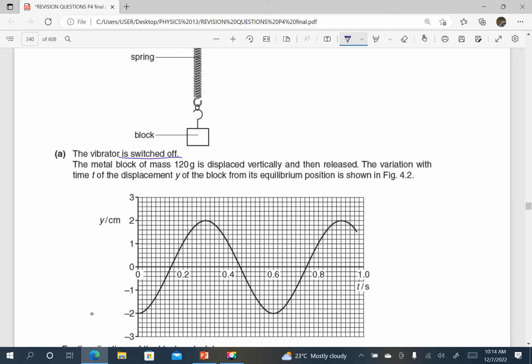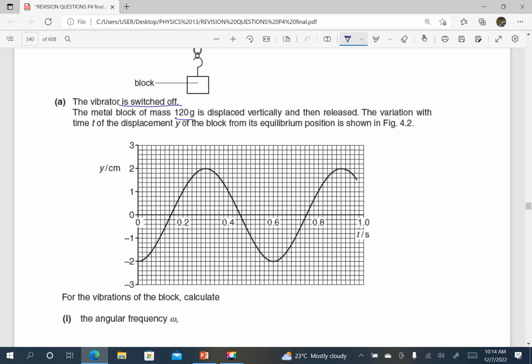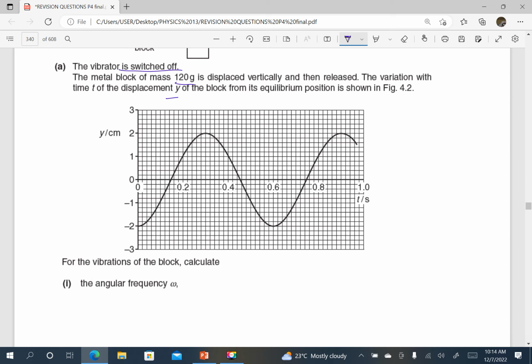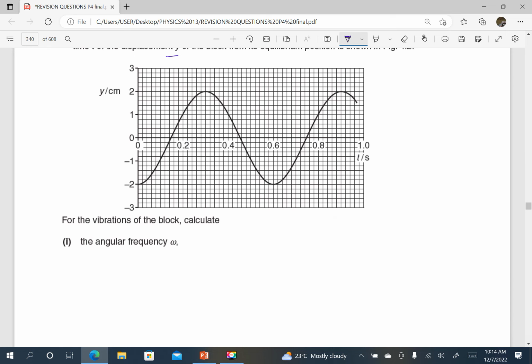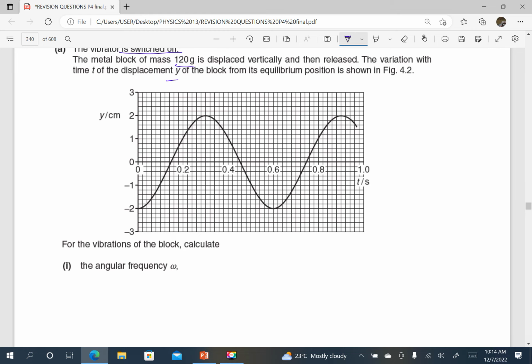The metal block of mass 120 grams is displaced vertically and then released. The variation with time t of the displacement y of the block from its equilibrium is shown here. For the vibrations of the block, calculate the angular frequency omega.